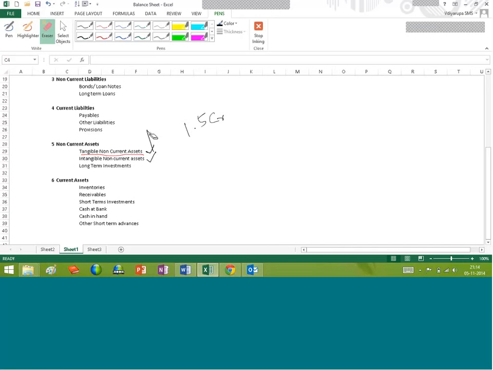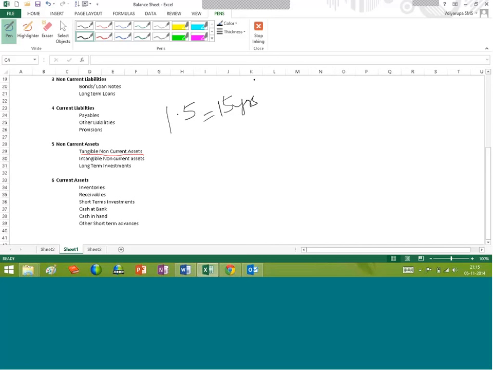That means prima facie the asset can be used for 15 years, and the money we are going to spend for the same is 1.5 crores of rupees. So 1.5 crores of rupees is expected to fetch us benefits over how many years? 15 years. That means for the next 15 years, whatever revenue we are planning to generate, this 1.5 crores of rupees is going to contribute.